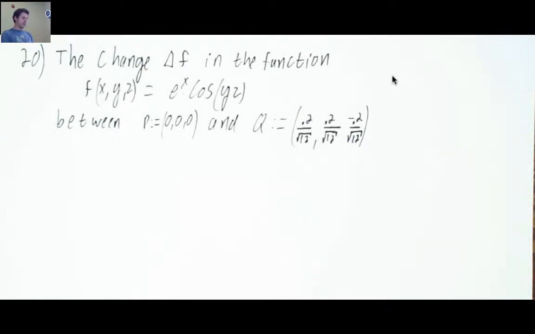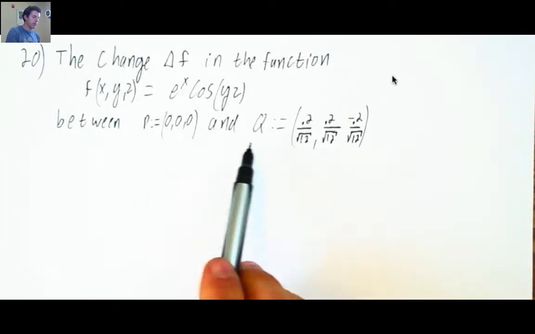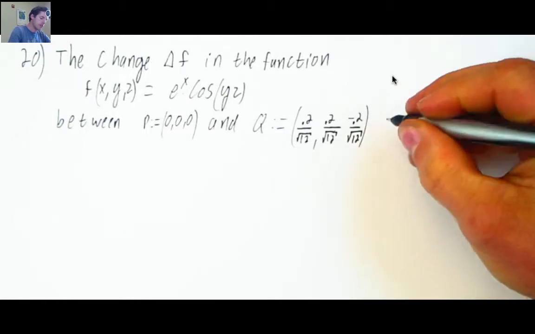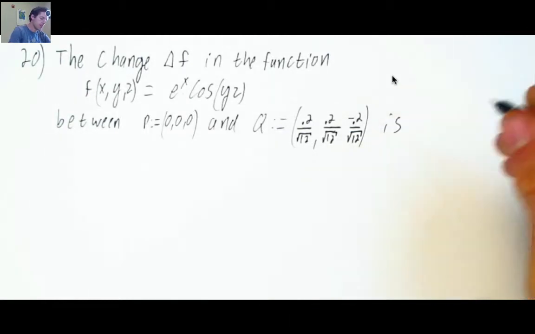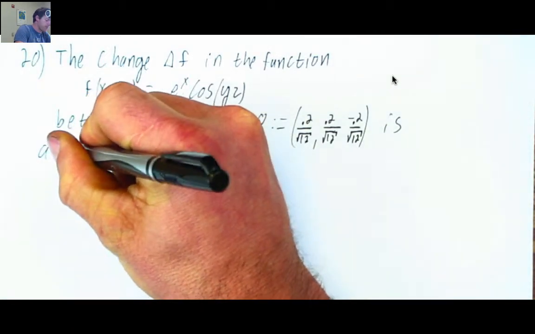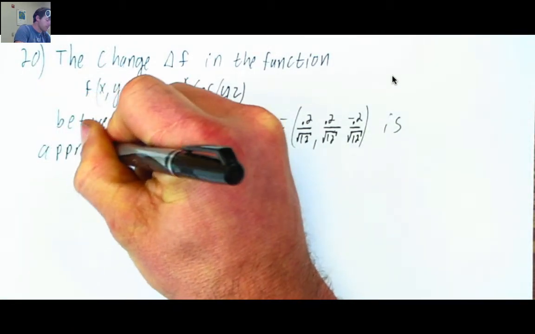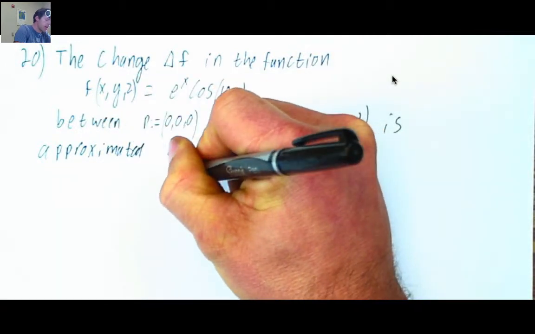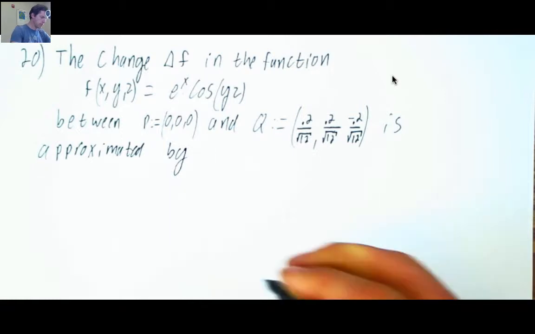Okay, so the change delta f in this function between that point and that point is approximated by the equation.